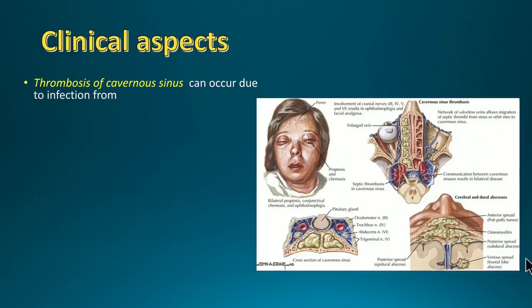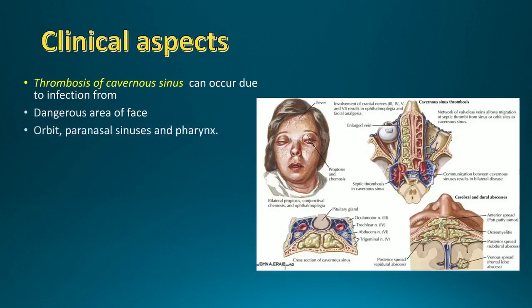So, from the dangerous area of face, then from the orbit, so superior and inferior ophthalmic veins. Naturally from the orbit, infections can also spread. Then from paranasal sinuses and from the pharynx, there are emissary veins connecting to the intracranial veins.